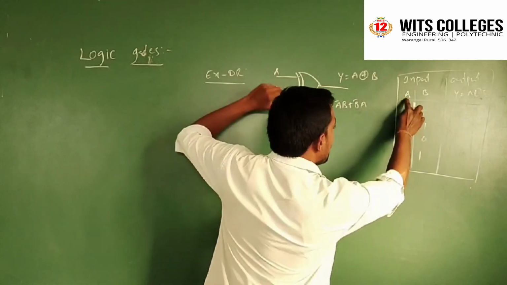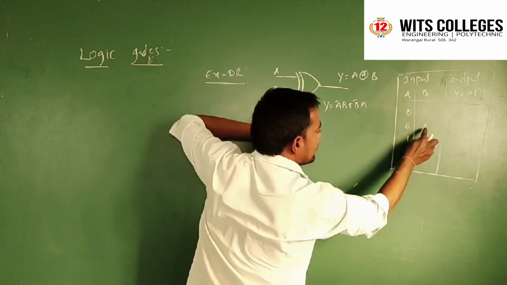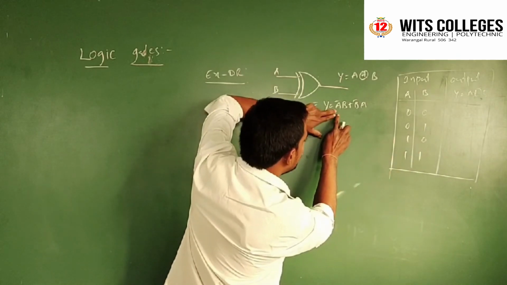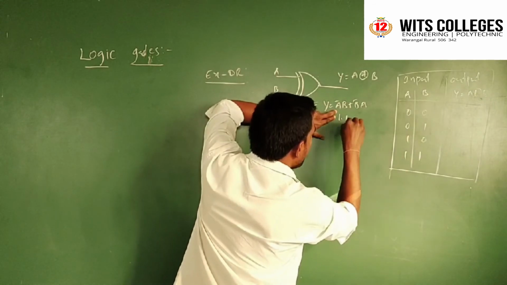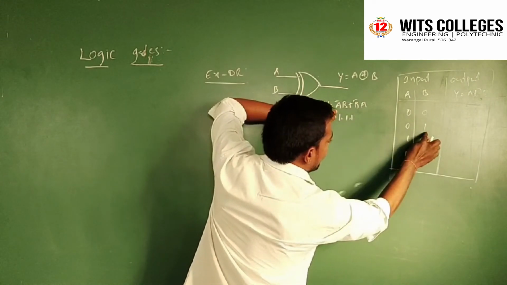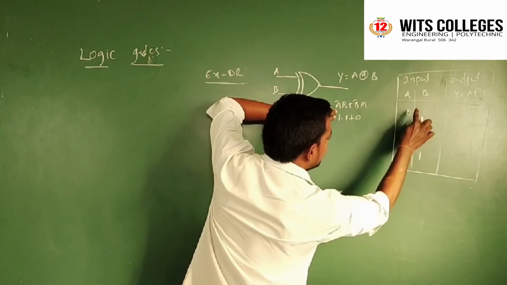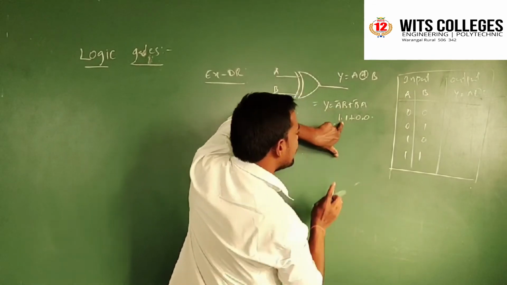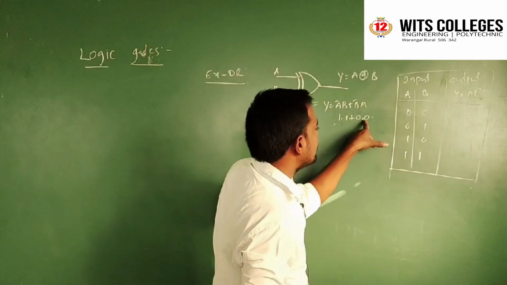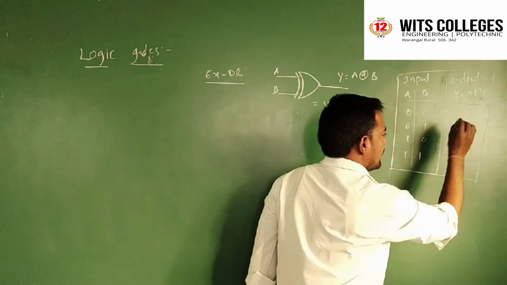And coming to the second input, A is equal to 0 and B is equal to 1. That is A bar is 0 complement, 1, into B equal to 1, plus B bar A equal to 1 complement, 0, into A equal to 0. So 1 cross 1 equal to 1 plus 0 cross 0 equal to 0, so 1 plus 0 equal to 1 here.